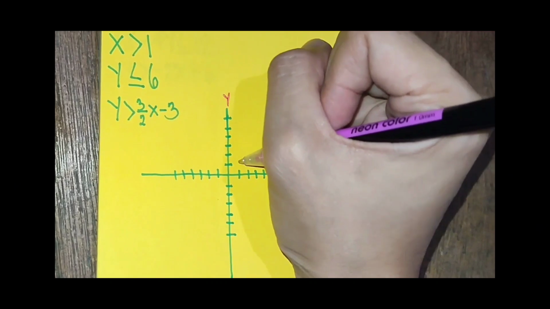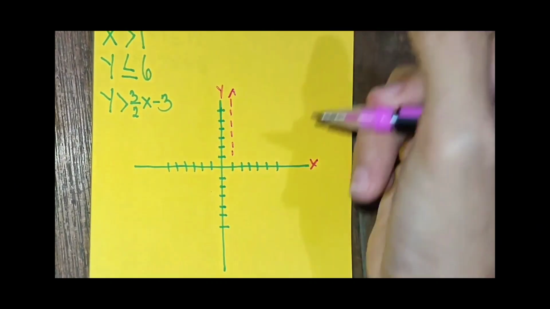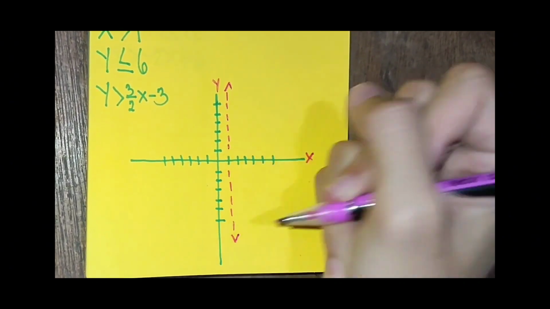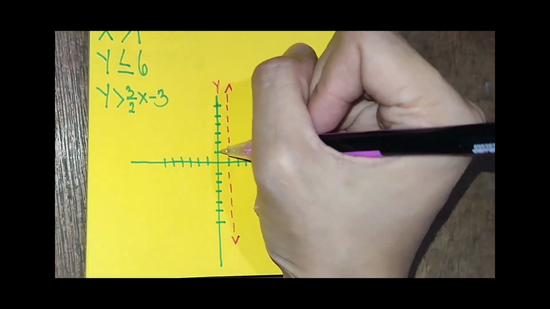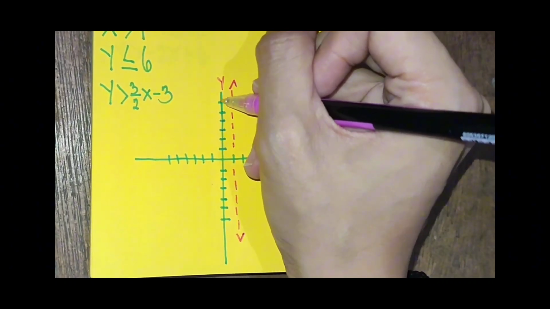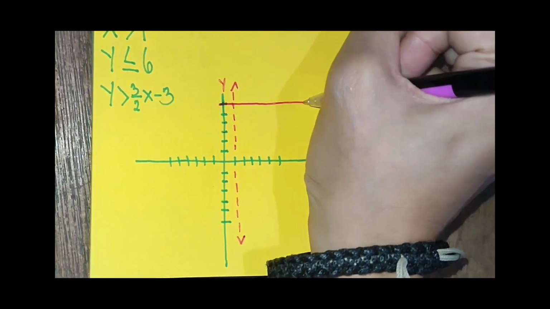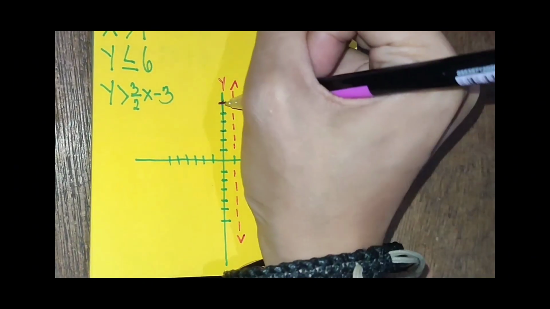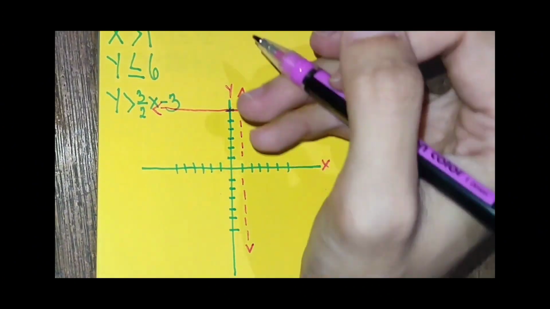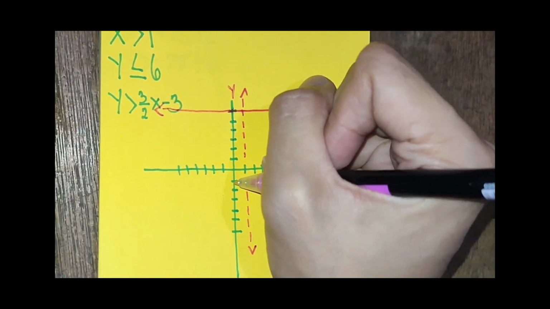Broken line. Six. 1, 2, 3, 4, 5, 6. So, negative 3. 1, 2, 3.